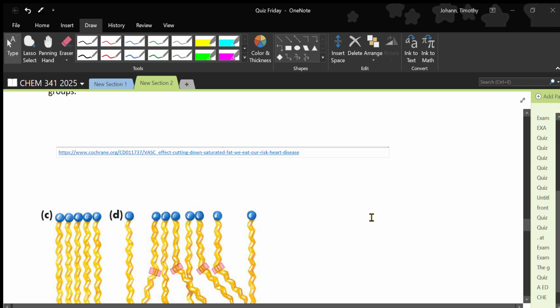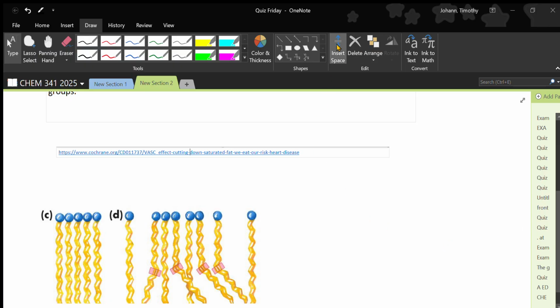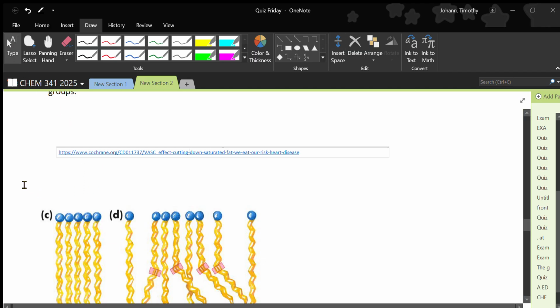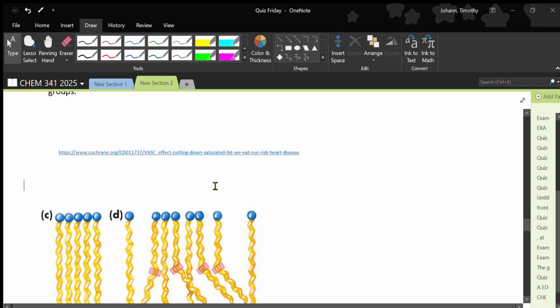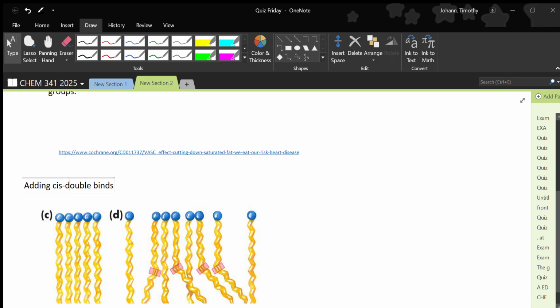Okay. So let's talk a little bit about the melting points of these things. We're going to go back to fatty acids and talk about their properties. What I want to say is that adding double bonds, specifically cis double bonds, has a huge effect on the melting points of fatty acids.